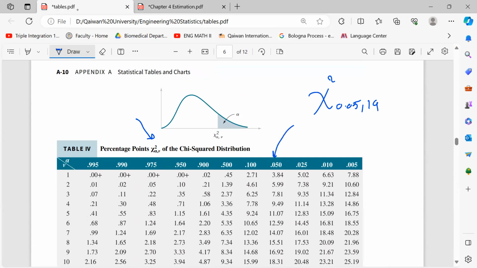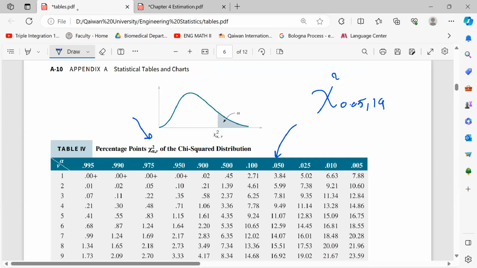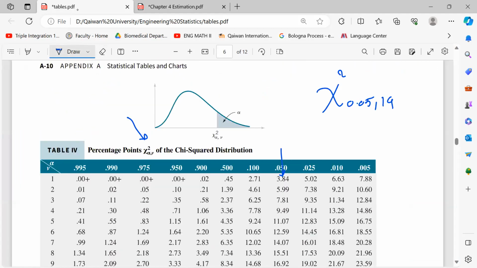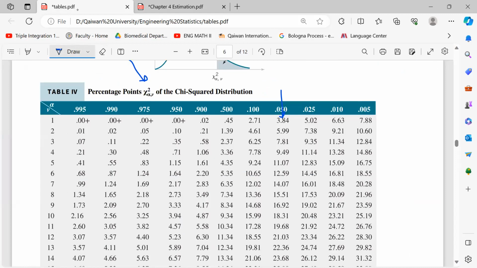This is 0.050, which means it's 0.05. This column is 0.05.